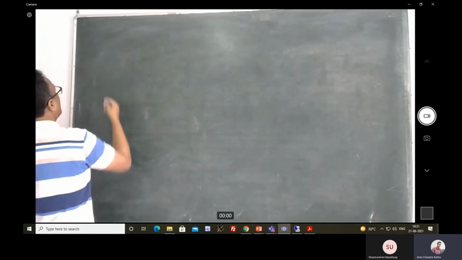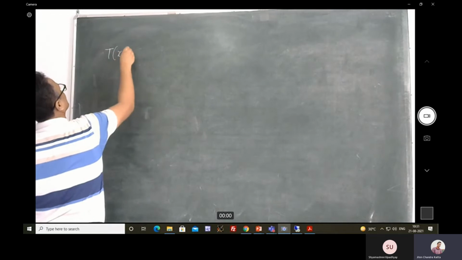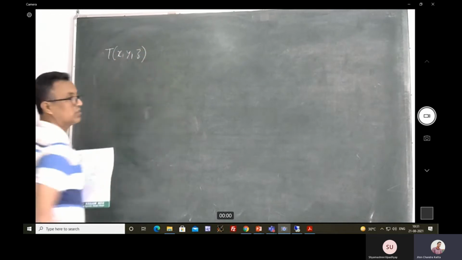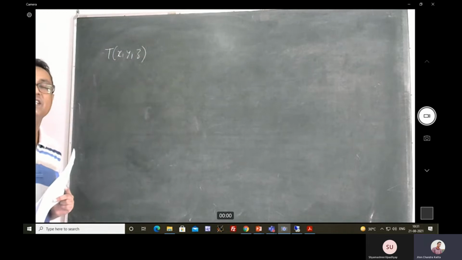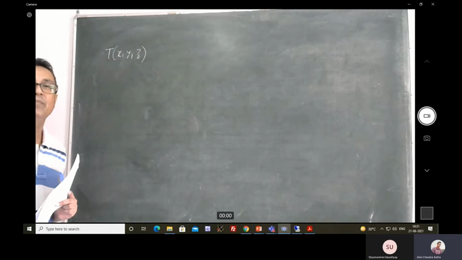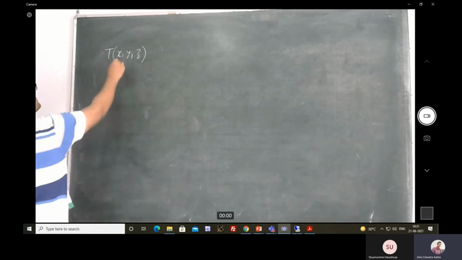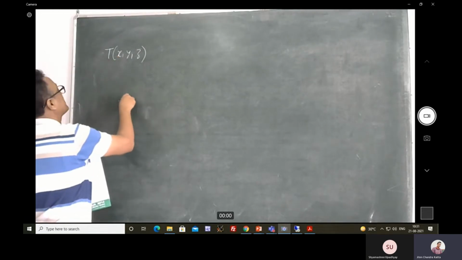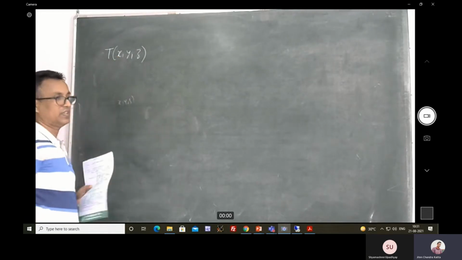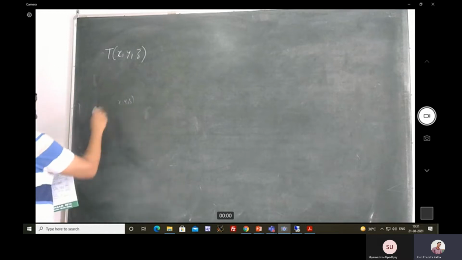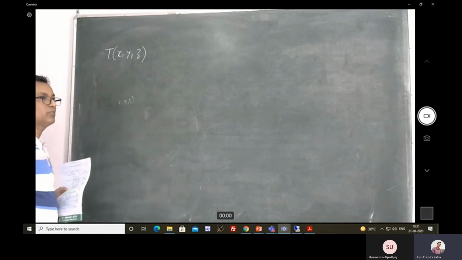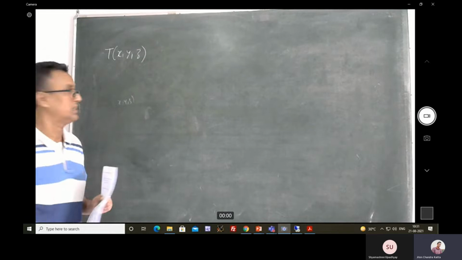So suppose I am considering a function T(x, y, z). T represents the temperature at a point, in Celsius, and x, y, z are the coordinates of a place, in meters.